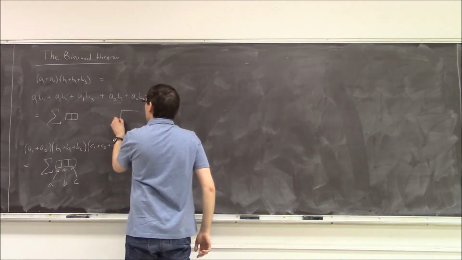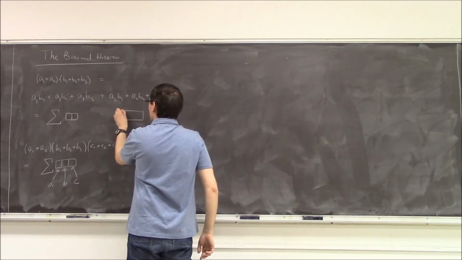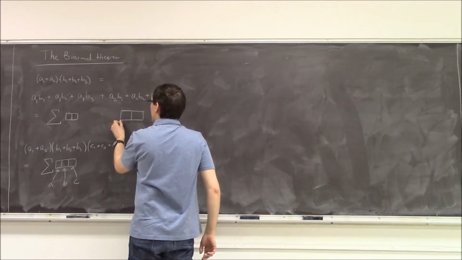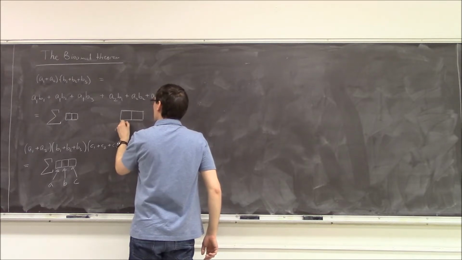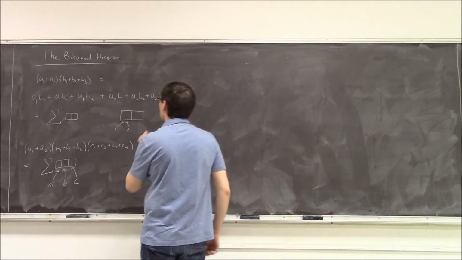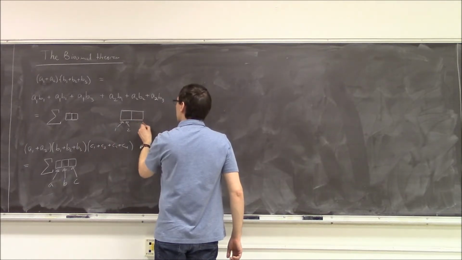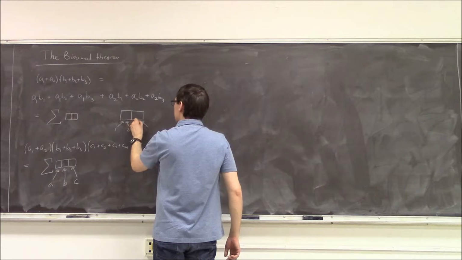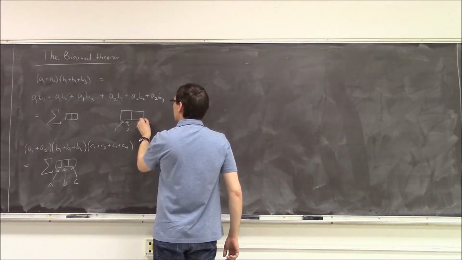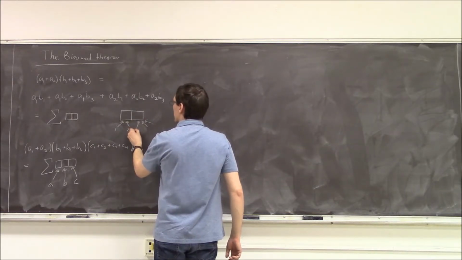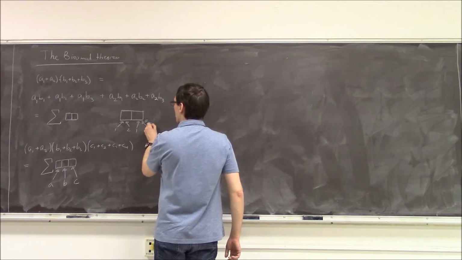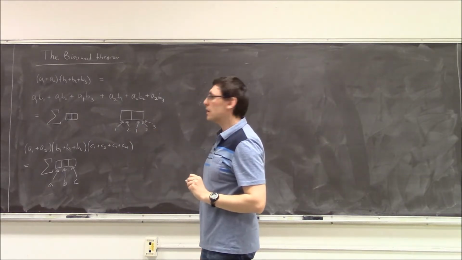In the first box I have two possibilities, possibility 1 or possibility 2, for a1 or a2. And for this part, I have 3 possibilities. It's either b1, or b2, or b3.